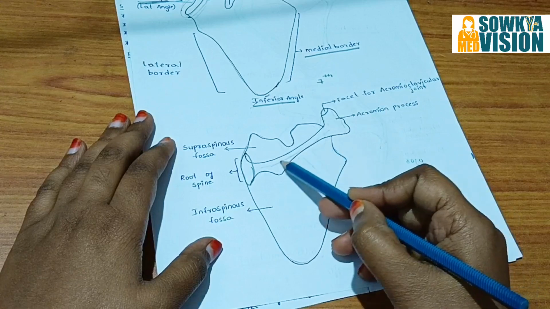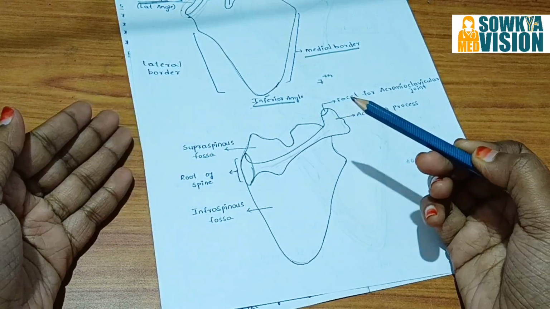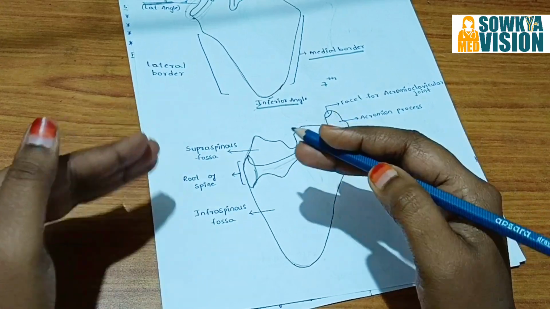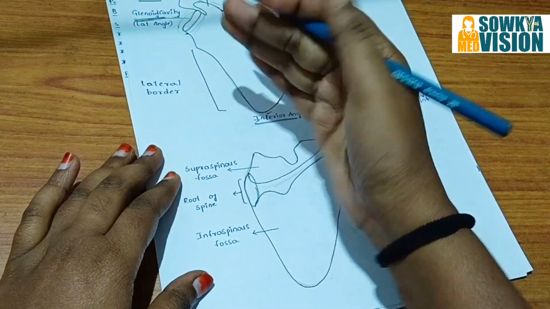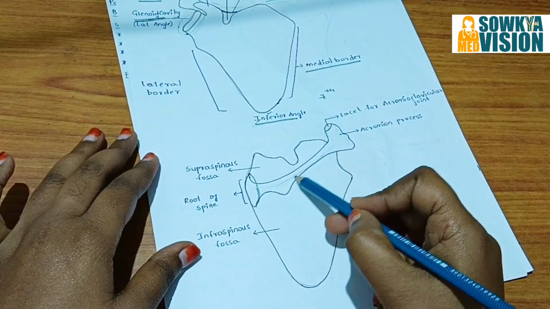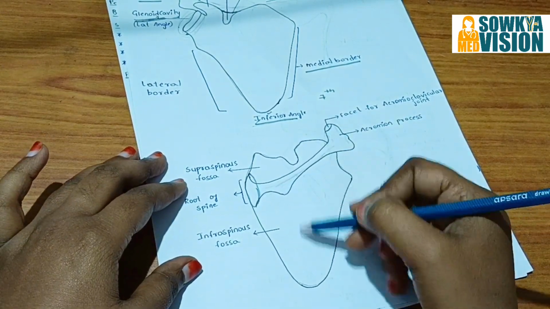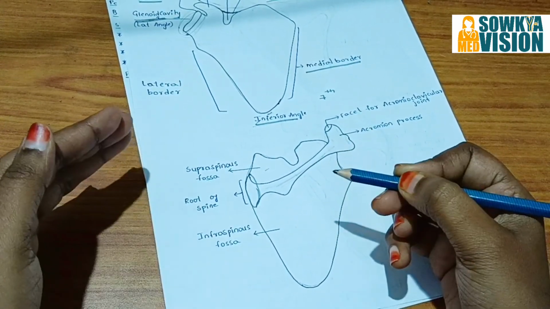This is an elevation, a process like a ridge. It is known as the spinous process. The spinous process is presented dorsally, dividing the dorsal surface into the supraspinous and infraspinous fossa.